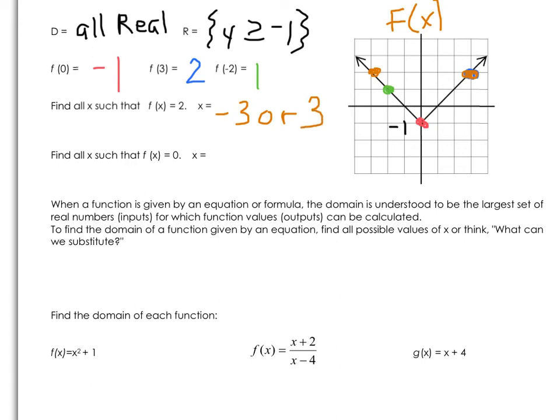Find all x such that f of x equals 0. That also happens in two different locations. Y is 0. It happens here, and it happens here. So x is -1 or +1.